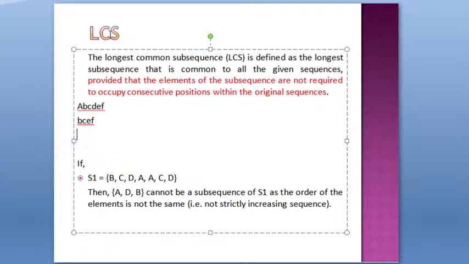Why? Because as per the definition of LCS, the subsequences are not required to occupy the consecutive positions within the original sequence. Although D is not present in my subsequence B, C, E, F, I am still calling it an LCS, or a subsequence.